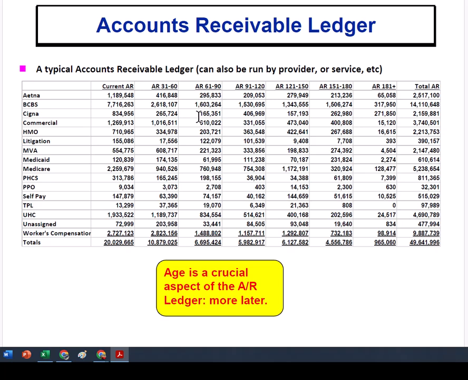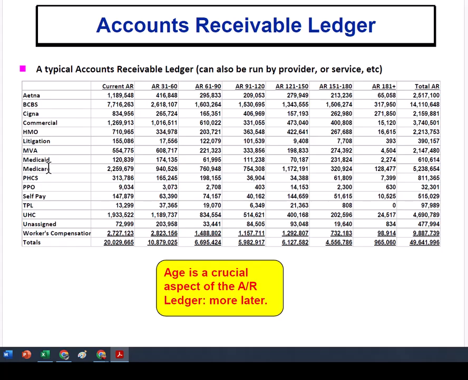Typically you would run this summary report by insurance company or major category of insurance company, called financial class. You can run these by doctor, or you could run them in super detail by patient.